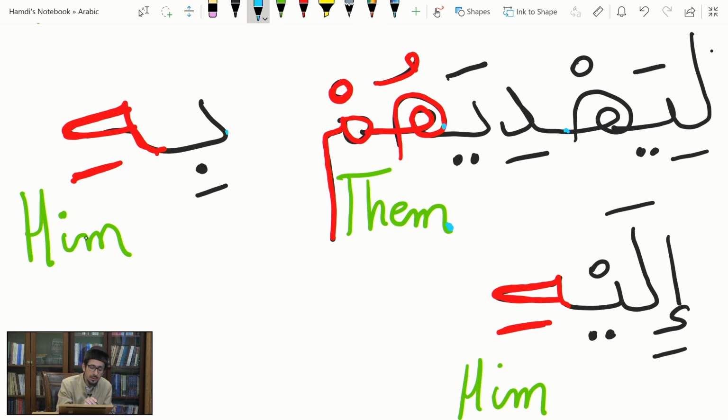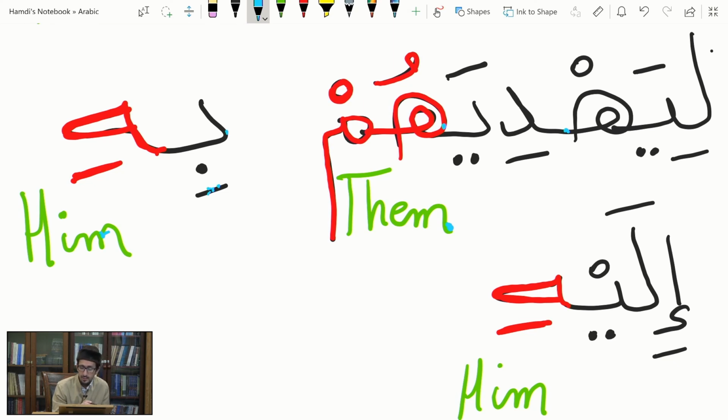So here, the objective pronoun is attached to the preposition, to the harf. And remember when I told you that the pronoun could be attached to a word, verb, or noun, or a harf? Yes.